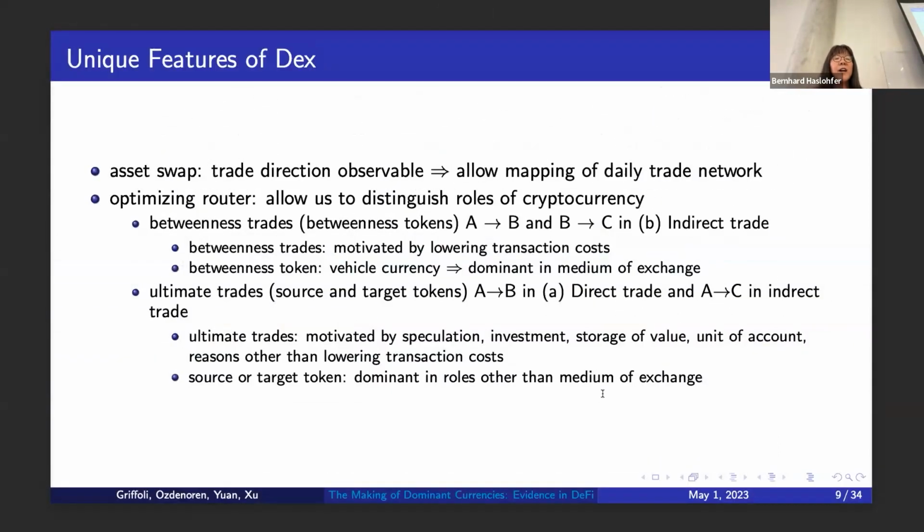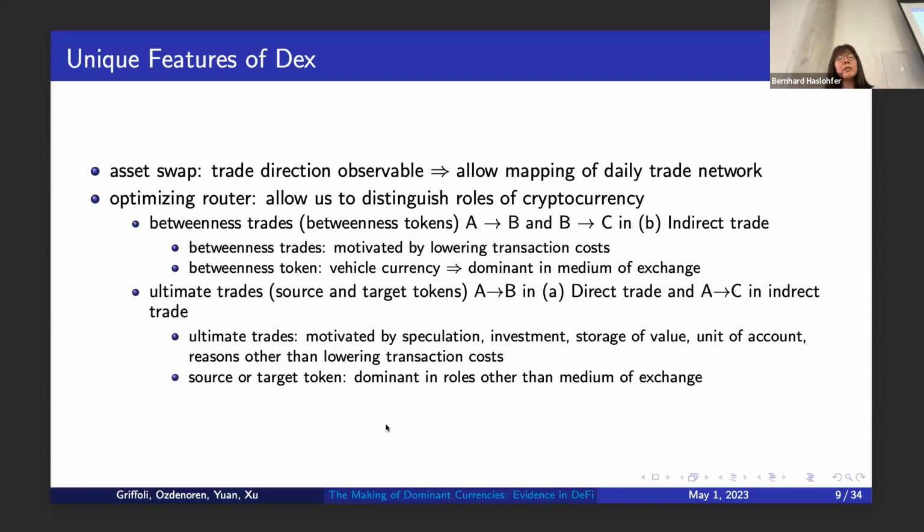So what are the unique features? Let me just repeat what we use to conduct our analysis. We collect all the data of all the asset swaps because we can map out the trading network, and we use the optimizing router data to distinguish the roles of cryptocurrency, and we categorize all the trades into two categories, betweenness trades and ultimate trades.